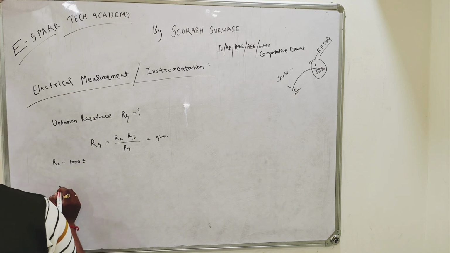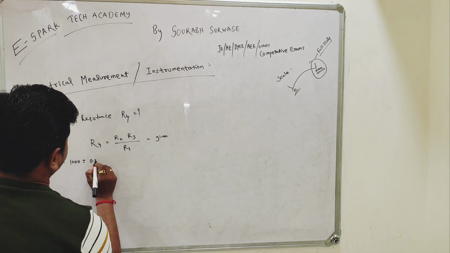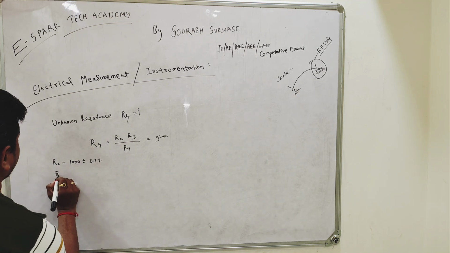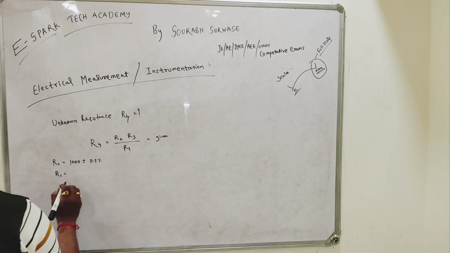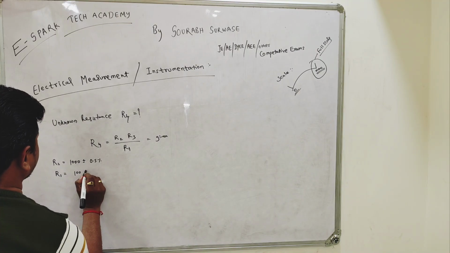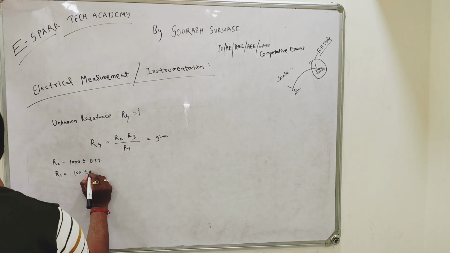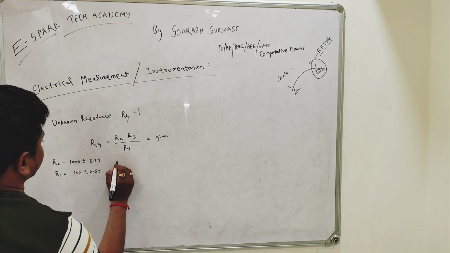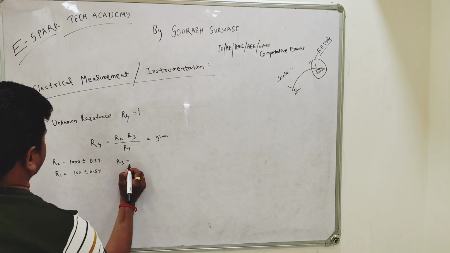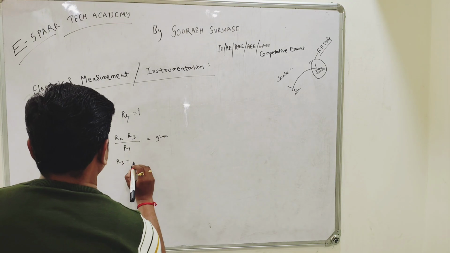The value of R2 given is 1000 plus minus 0.5 percentage. R1 will be given as well, they have given us these values and accordingly we are calculating, and R3 is also given.